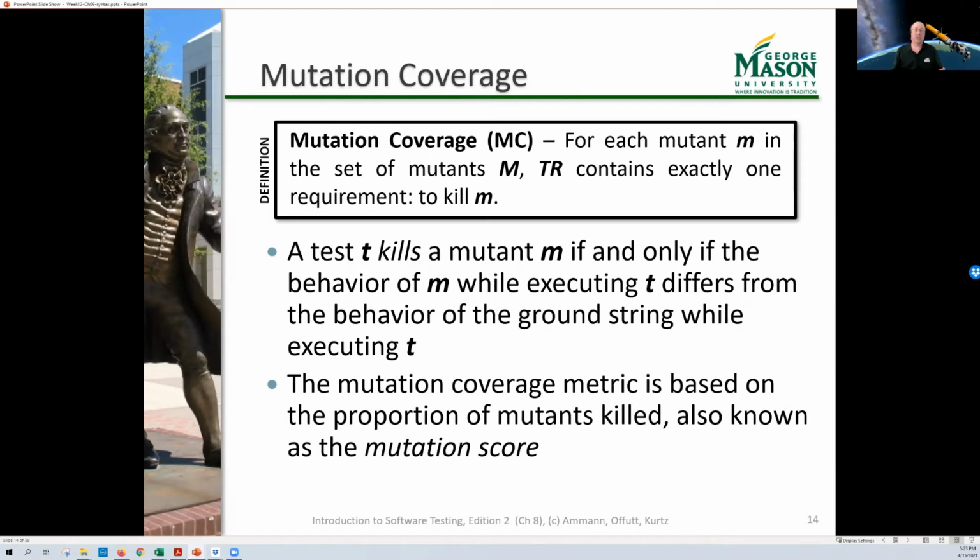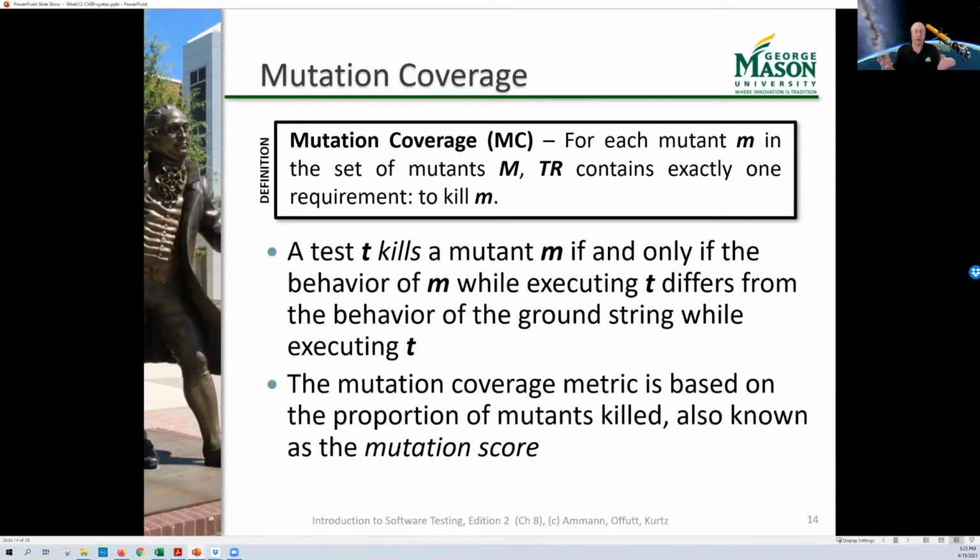So with those definitions behind us, we can start to think about a coverage criteria for mutation. The coverage criteria is typically mutation coverage. And mutation coverage is simple, at least conceptually simple. For each mutant in the set of mutants, the test requirement contains exactly one requirement: have a test that kills that mutant, right?